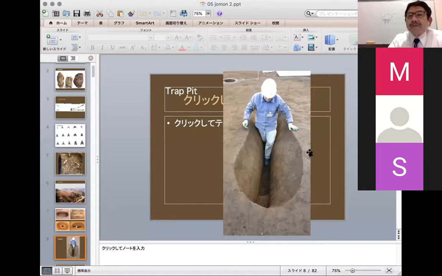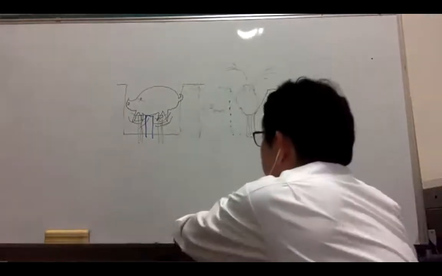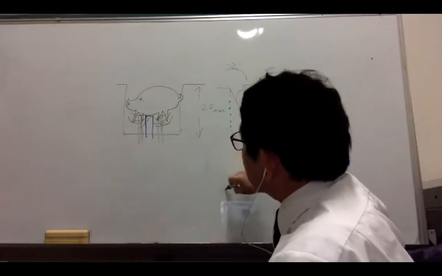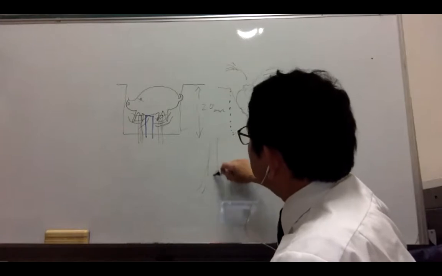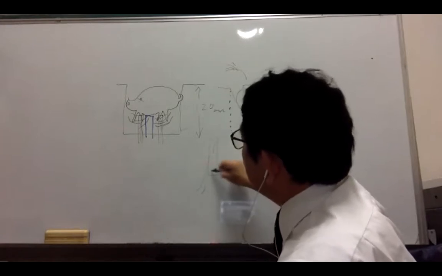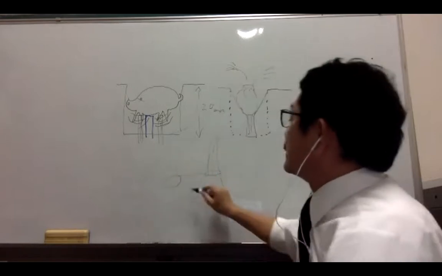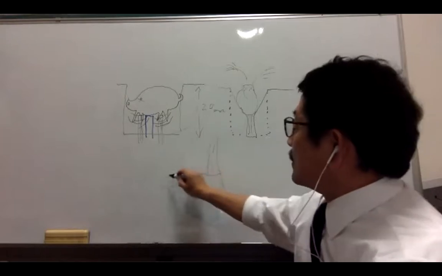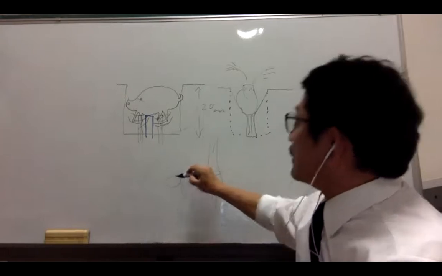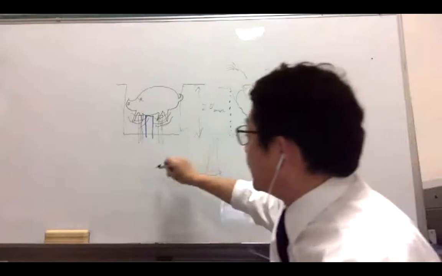The simplest trap would be this: there's a tree, and you wrap a cord right here with a ring. The end of the rope or cord would be forming a ring like this. Can you see it? I'm drawing too small.